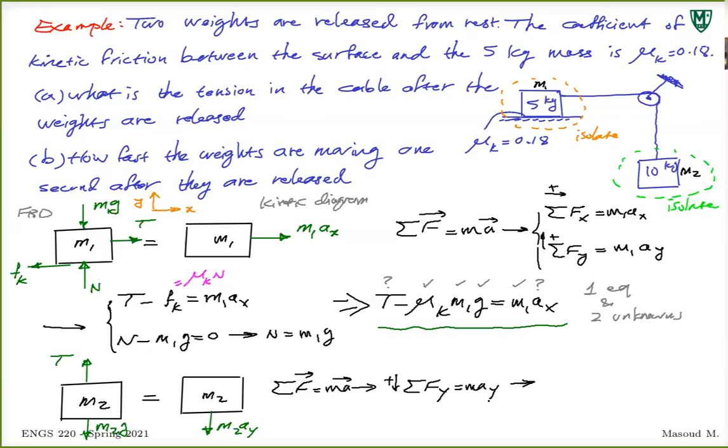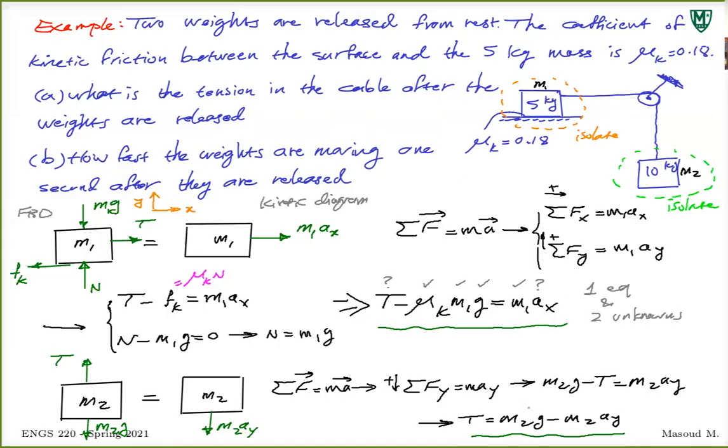From there, you'll get M2 g minus T is equal to M2 AY. And from there, let's just write it as T is equal to M2 g minus M2 AY. So I got another equation.